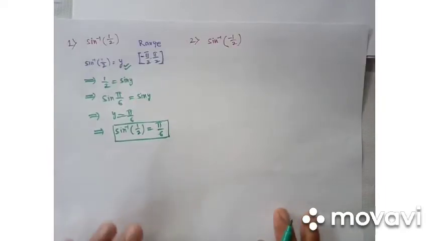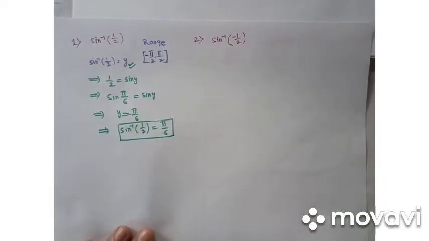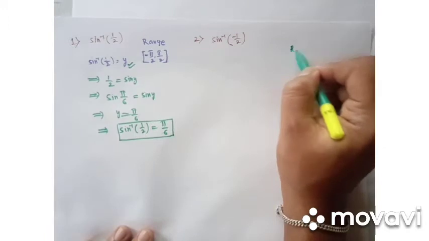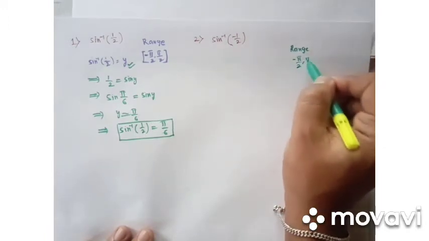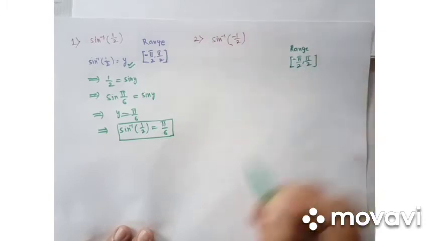Now coming to the second, sine inverse of minus 1 by 2. As we understood the same, the range should be minus pi by 2 to plus pi by 2.